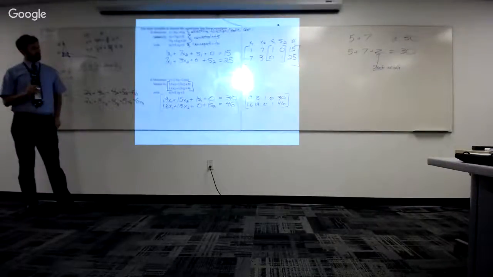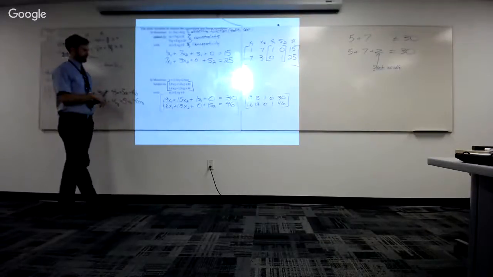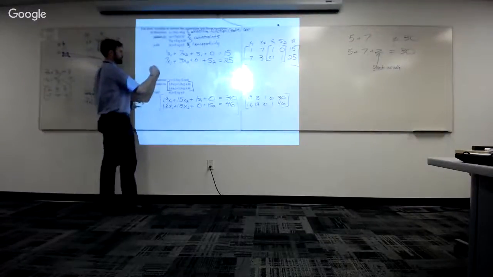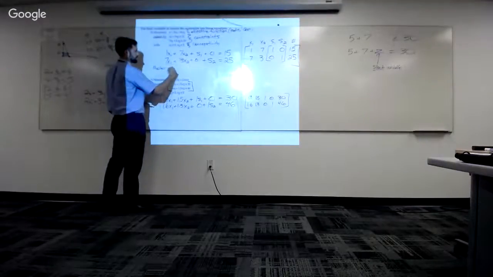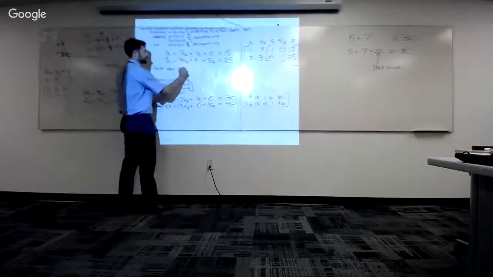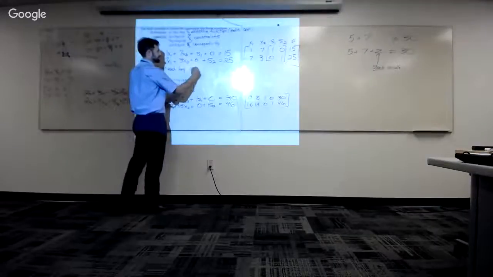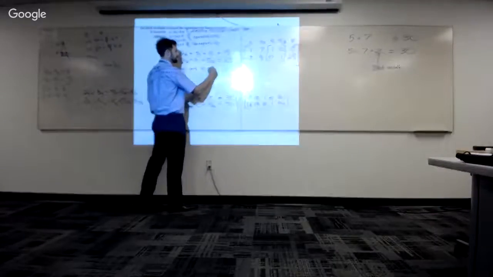Now I'd like you to make a note about something right now. You can write it in two different ways. Note: each inequality gets its own slack variable.